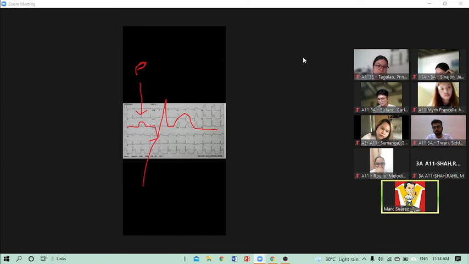This one is the Q wave. This one up to this one going up is the R wave.